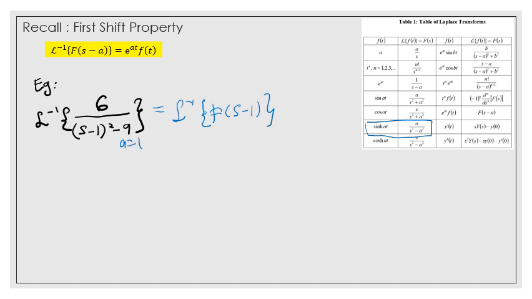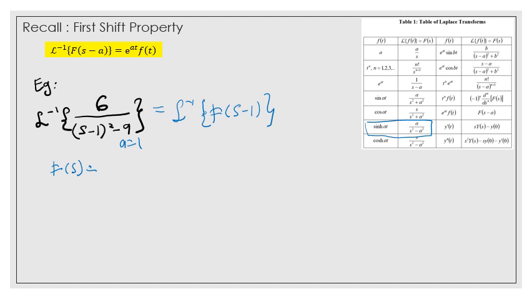Because every single s is attached to the minus a, since we have F(s minus 1), we can find F(s). F(s) means we need to substitute all the s minus 1 in the equation into s.